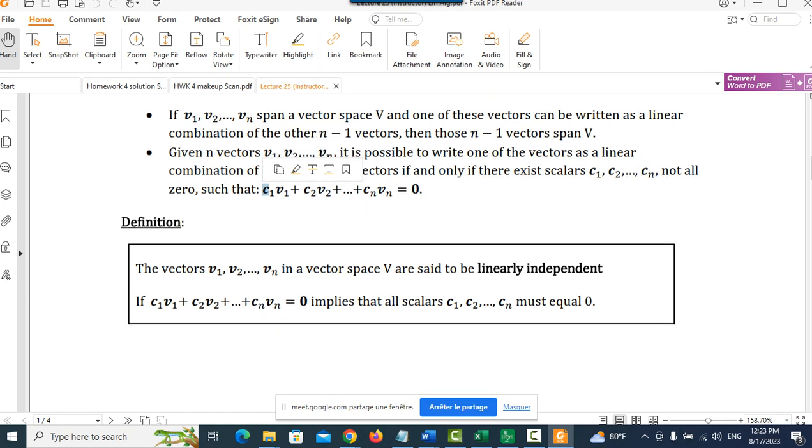Now here is the definition: the vectors v1, v2, ..., vn in a vector space V are said to be linearly independent if their linear combination being equal to 0 implies that all of the scalars c1, c2, c3, all the way to cn, must be equal to 0.